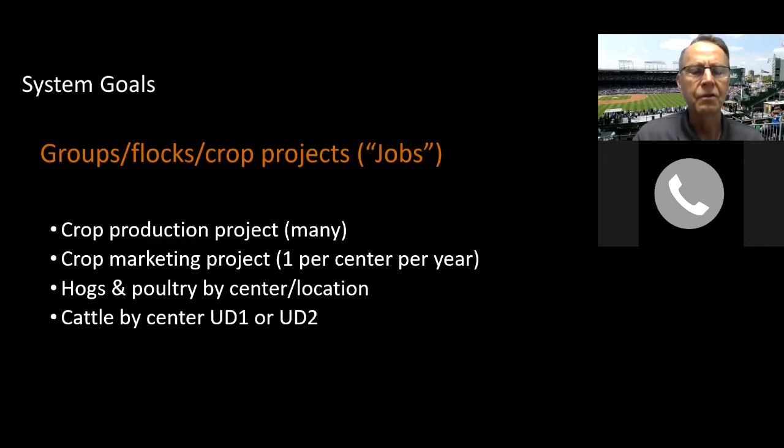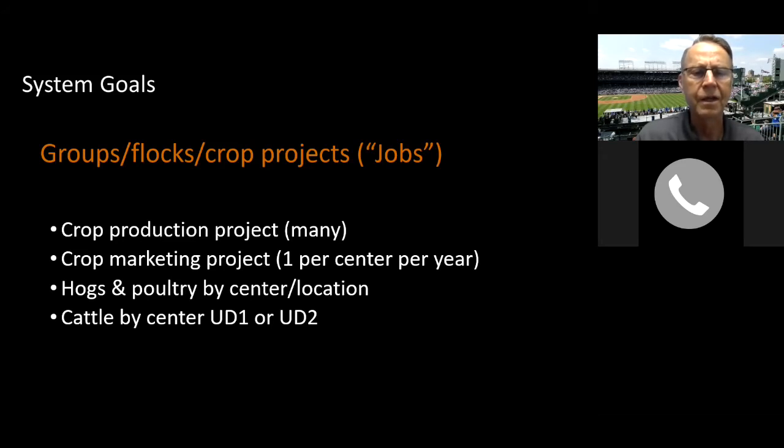Hogs and poultry, we define a project by combination of center and location. So in that building, on that farm, and then there's a date. Of course, there's a date associated with the beginning and ending of that project, that group or flock.